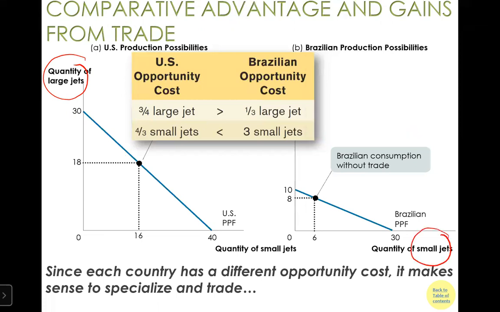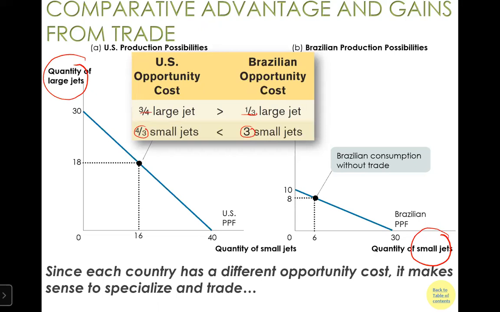Because in the US, a large jet costs only 4/3 of a small jet, but in Brazil, it's going to cost 3 small jets to produce 1 large jet. And similarly, Brazil has comparative advantage in producing small jets, right? Because it costs 1/3 of a large jet, versus 3/4 of a large jet in the United States.